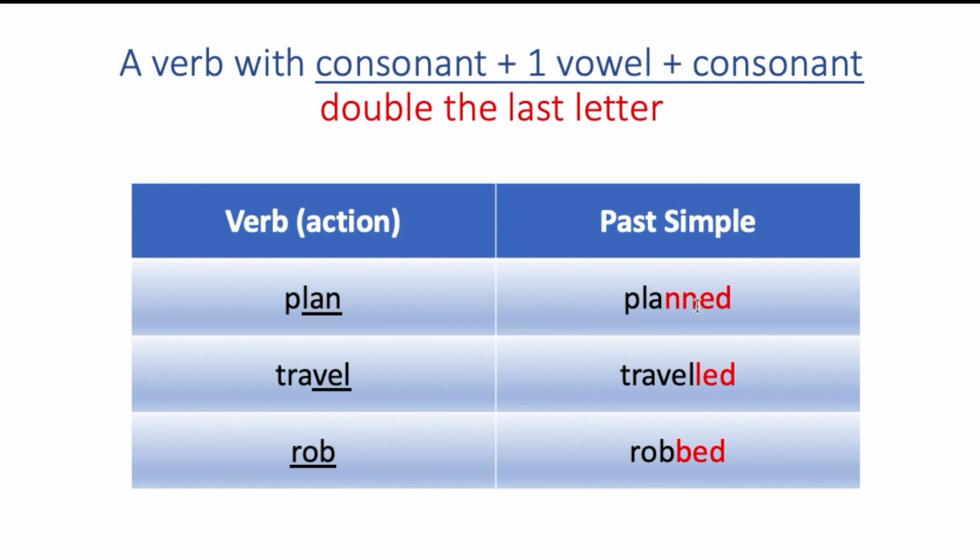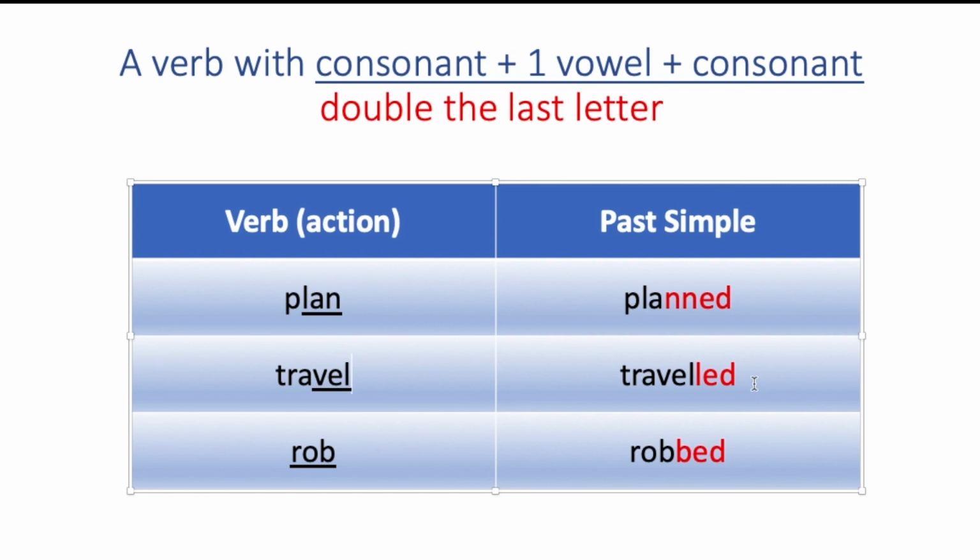So what you do in the past simple, you have a double letter. So plan, one N, planned, double N. Okay, same for travel. V is a consonant, E, vowel, L, consonant. Consonant, vowel, consonant. So you have double L for the past simple, travelled.